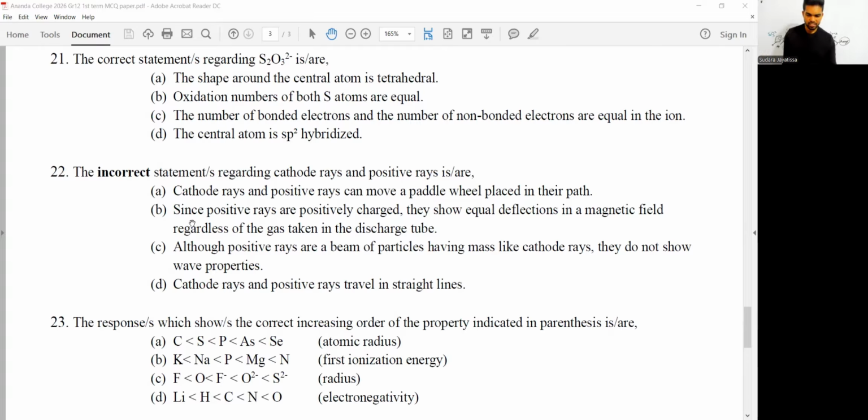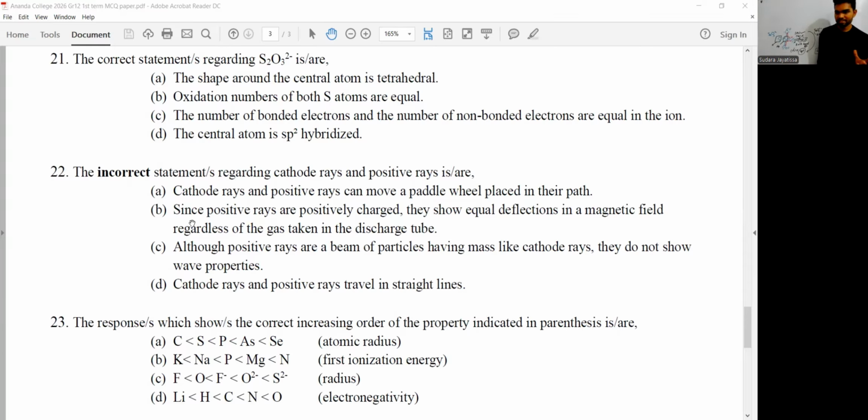So A is correct. B, since positive rays are positively charged, of course, yes, and they show equal deflection in a magnetic field regardless of the gas taken in the discharge tube. That is wrong. Like I said, if you take hydrogen gas, positive rays are H plus. If you take oxygen gas, positive rays will be O plus.